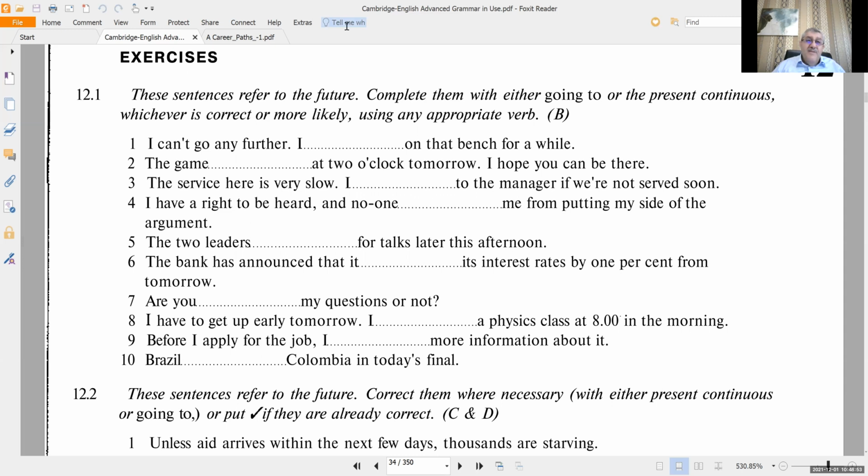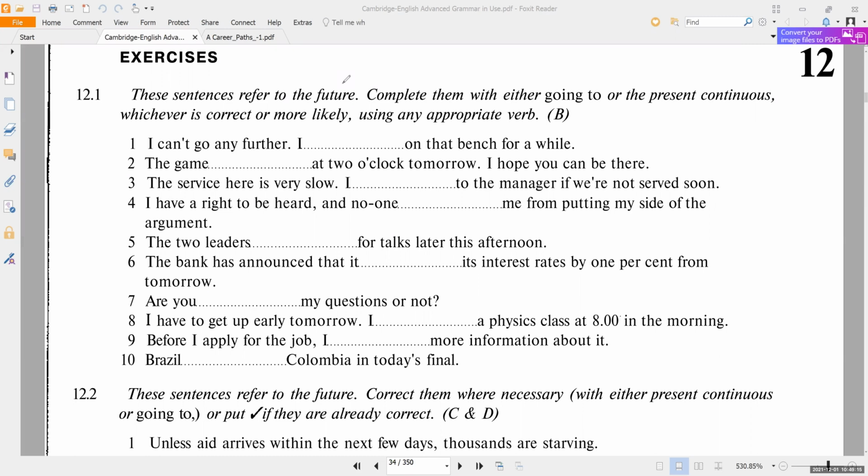Now let's do the first exercise. نمشي للتمرين الأول. These sentences refer to the future. كل الجمل التي ستأتي أمامكم تشير إلى المستقبل. Refer to the future.